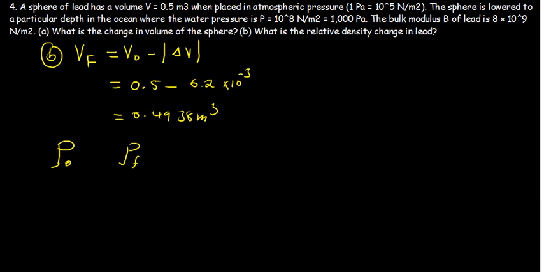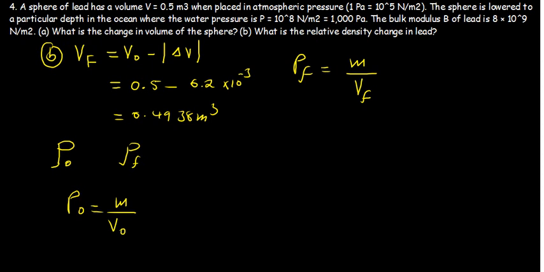Now, how do we find the final density? Final density is given by mass over final volume, just like the initial density is given by mass over initial volume.